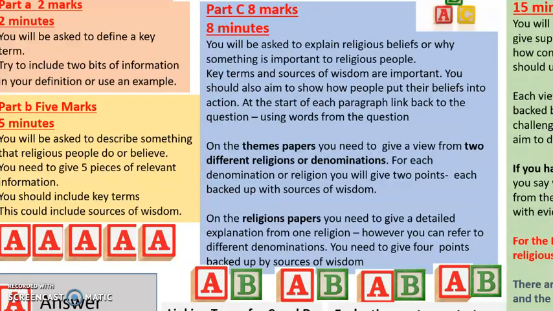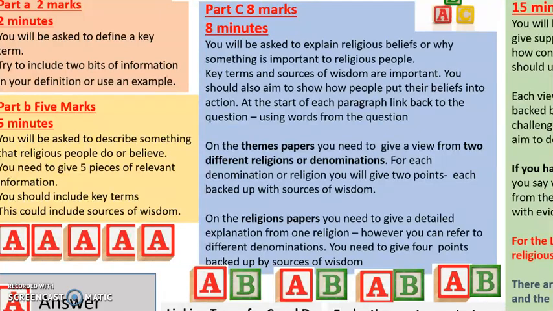Here, your key terms and sources of wisdom are really, really important. And so the structure that we are advising is AB 4 times. So 4 sets of AB. And A is answer and B is back it up. And usually you are backing up your answer with a source of wisdom.